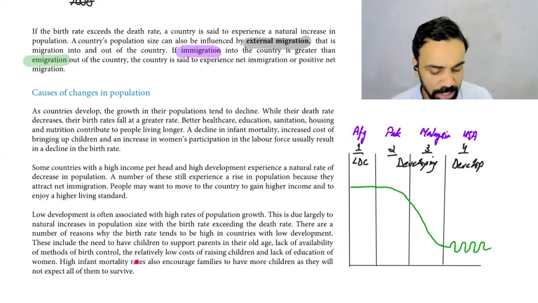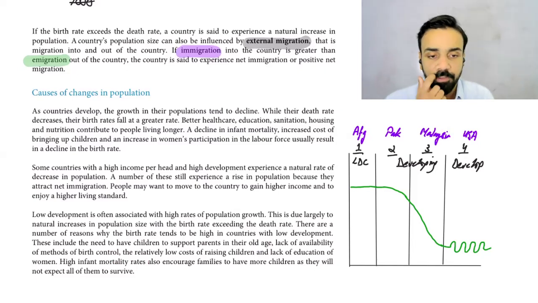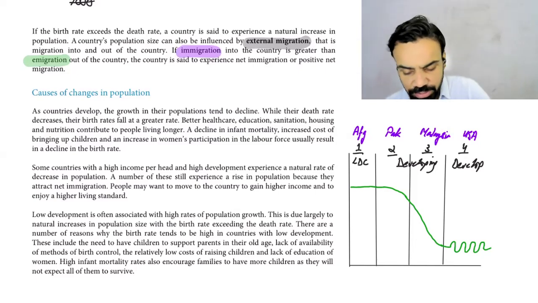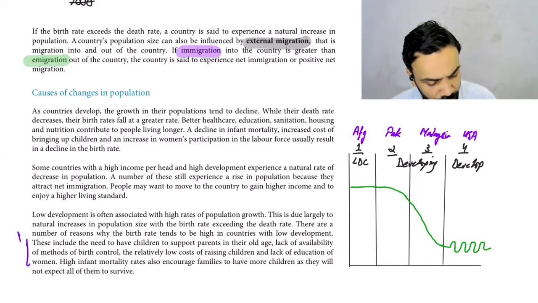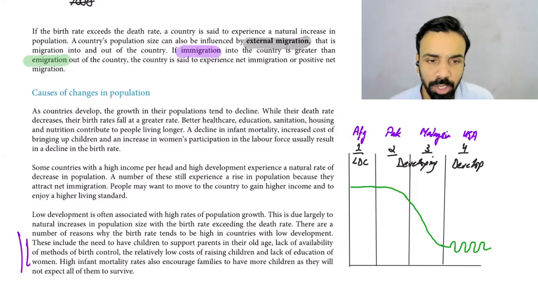There's high mortality, which means kids are dying at a very early age. So you need to have a lot of kids, and some of them will survive, who will sustain the family. तो ये काफी अच्छे reasons हैं. Make sure that you know these reasons why least developed economies have a high birth rate.